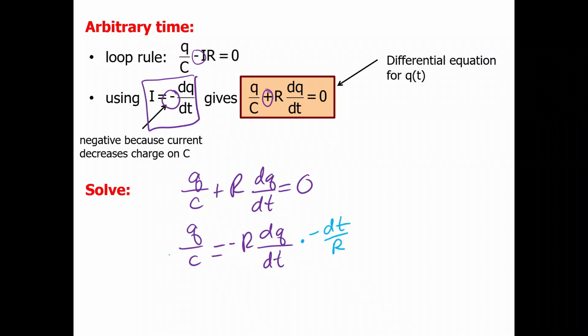And on this side, I want to multiply by 1 over q. I don't want to do that across the whole equation. What that ends up giving me is, on the left, negative dt over rc, and on the right, it just gives me dq over q.